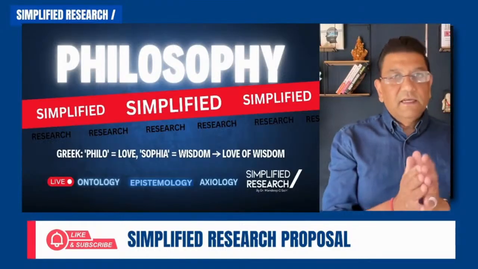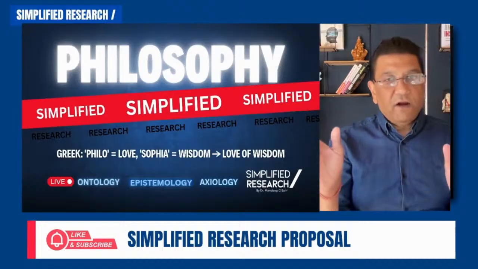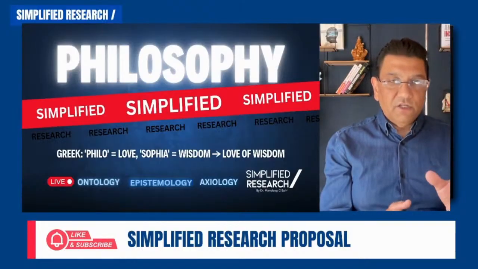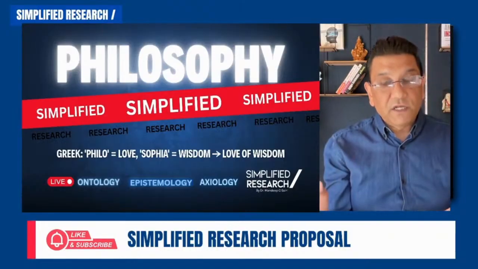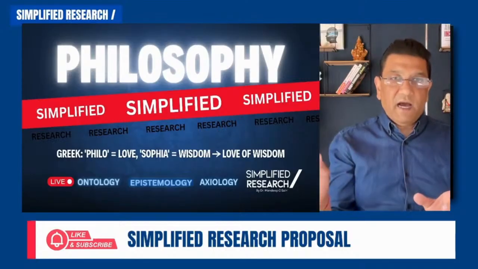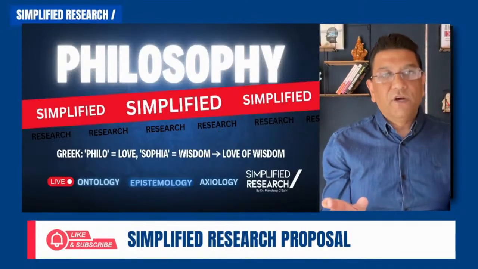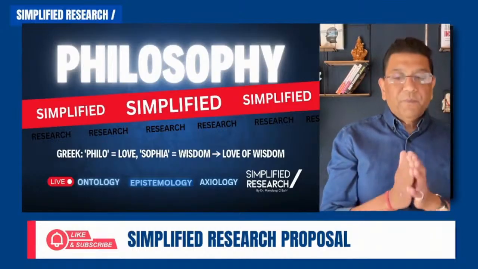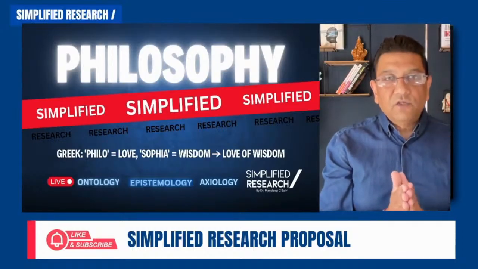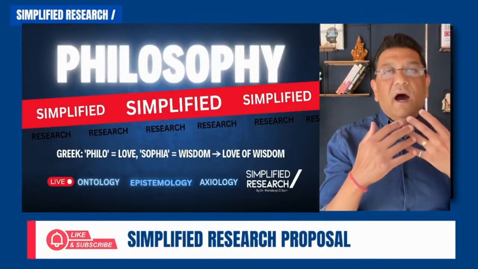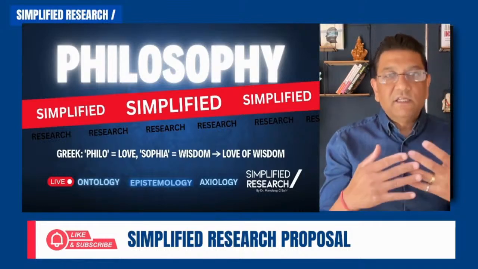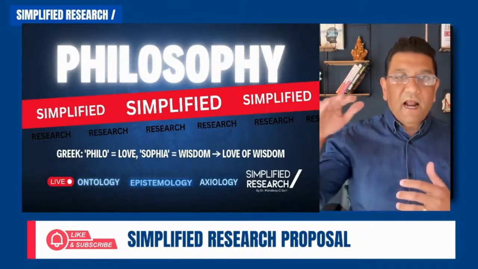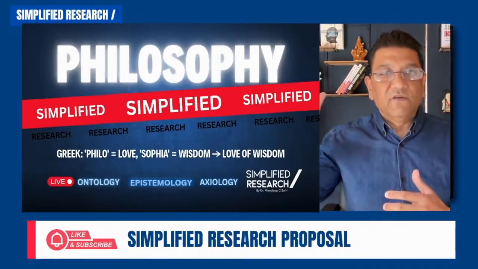But again, there is a difference between knowledge and wisdom. Somebody might have knowledge but might not have wisdom. But if somebody is wise, they might have knowledge as well. So earlier, those scholars were looking for understanding the knowledge and reaching a level where they can get the wisdom.